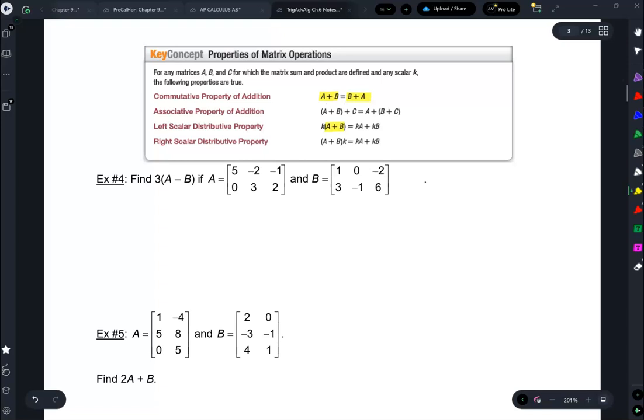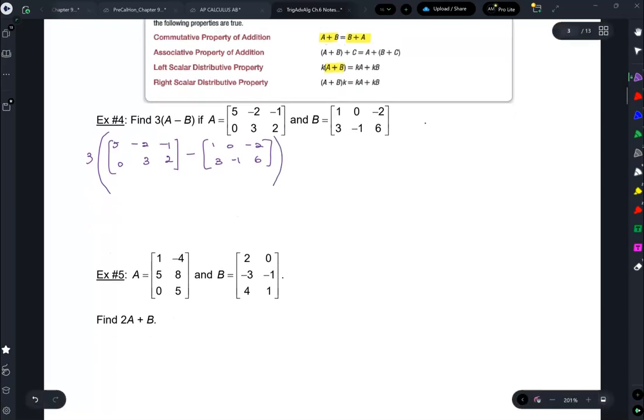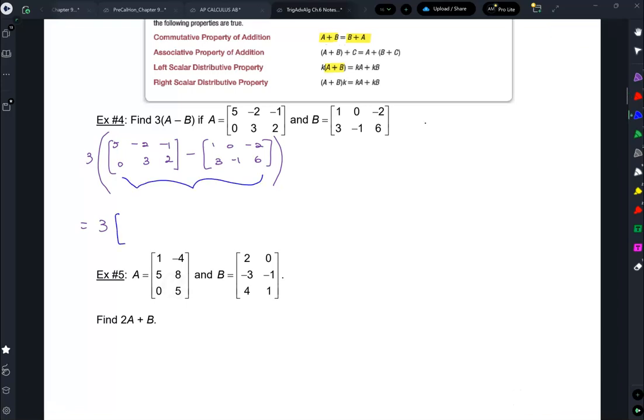So take a look at this. We want to find 3 times A minus B. So this is 3 times, what's A? This one. Minus this one. And so now we're going to subtract these two matrices.